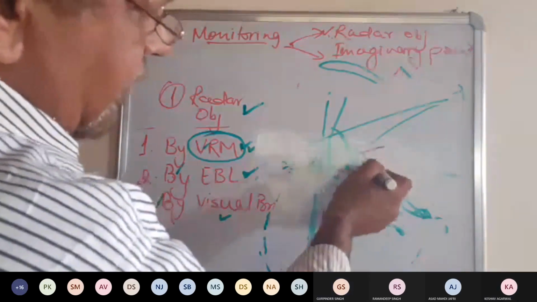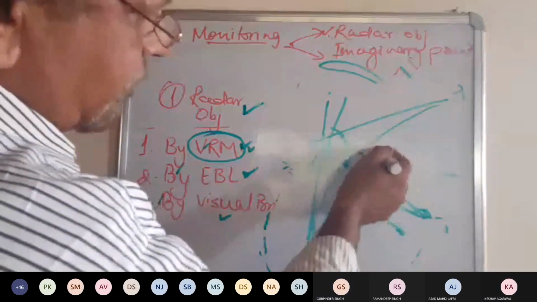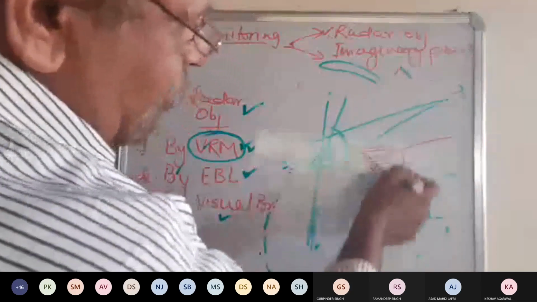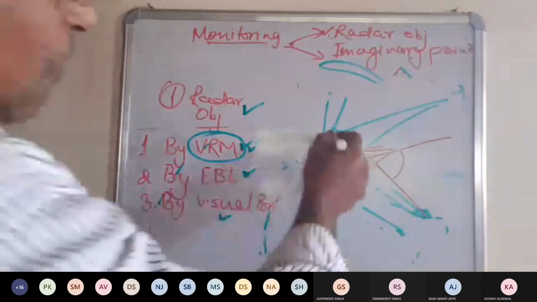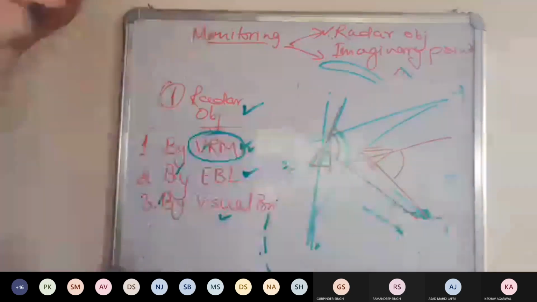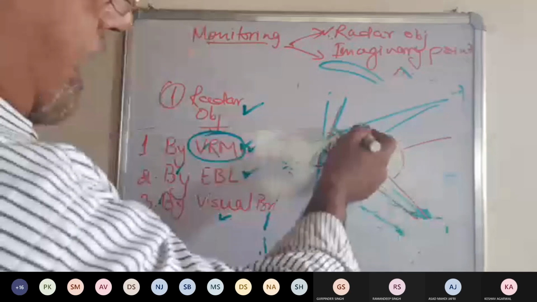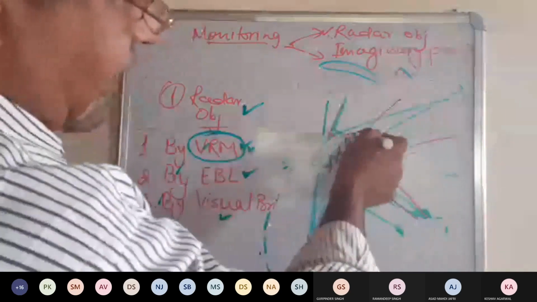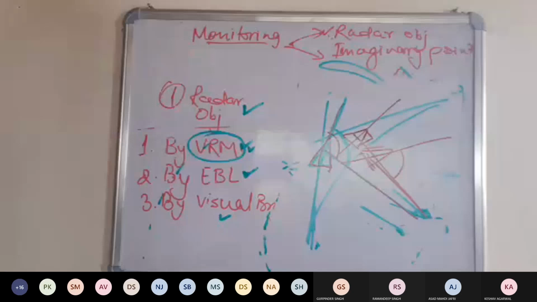If we are turning inside, then its bearing will decrease. If we are going outward, its bearing will increase. But if it is exactly at 90 degrees, then we are on a constant rate of turn, turning on a constant radius. We are maintaining the radius.